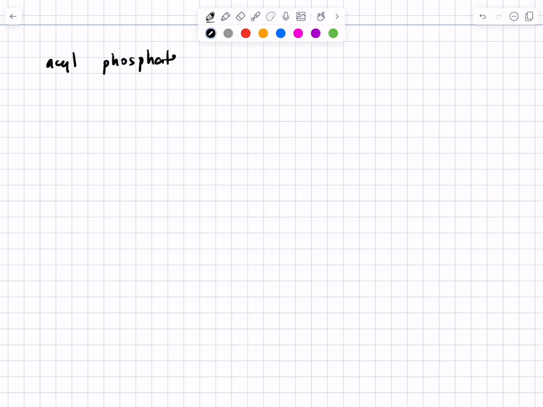This is always enzyme catalyzed, and we're not going to show you what the structure of the enzyme is. Magnesium is often a cofactor. Acyl phosphate synthesis takes advantage of the key property of carboxylic acids, which is that they are carboxylates at physiological pH, and we're going to use them as nucleophiles.